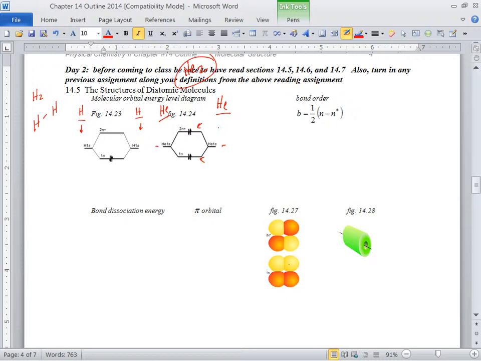In this molecular orbital theory, we have something called bond order. Again, this entire discussion is all about diatomic molecules. They give a little symbol B for bond order. So the bigger this B is, would you expect longer bonds or shorter bonds?